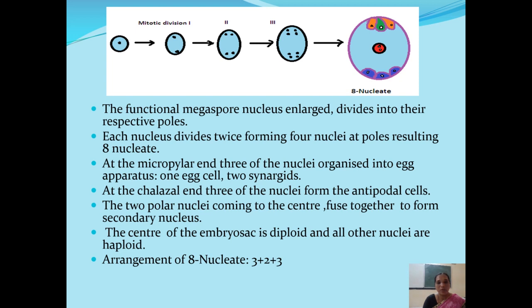The center of the embryo sac is diploid and all the others are haploid. The arrangement of 8 nuclei in polygonum type embryo sac is 3 plus 2 plus 3. That means 3 are the egg apparatus, 2 the secondary nucleus, 3 antipodal cells.